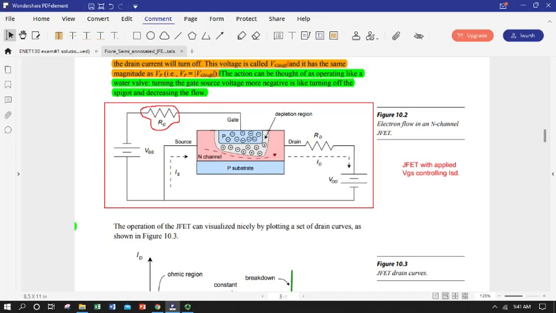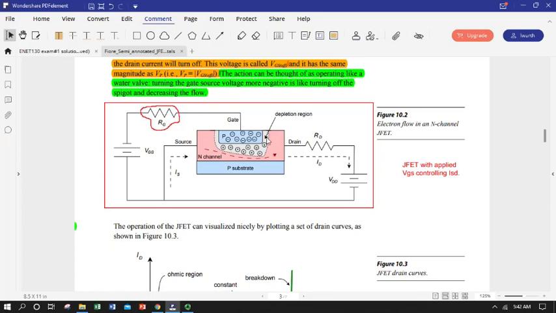Charge balance has to happen, and remember, a p-n junction acts a bit like a capacitor. So the more we withdraw our hole dopants from the interface in the p material, the more the n material in the channel adjacent to it responds and says, wow, there's all this net negative charge. All of the electron majority charge carriers in the n channel are going to go, whoa, I don't want to be near something of a like charge, and they're going to withdraw from the interface, and we're going to end up with a depletion zone.